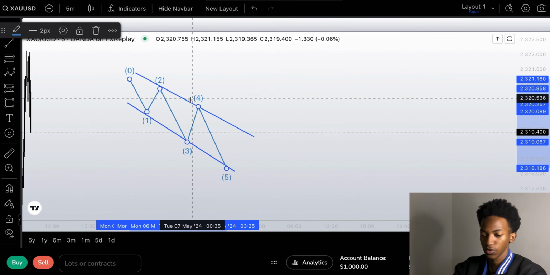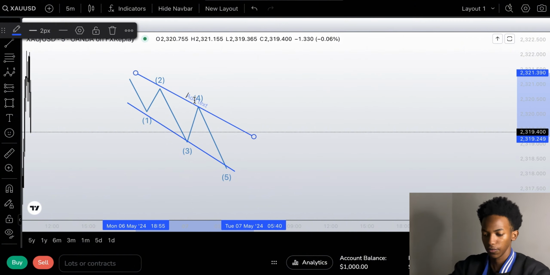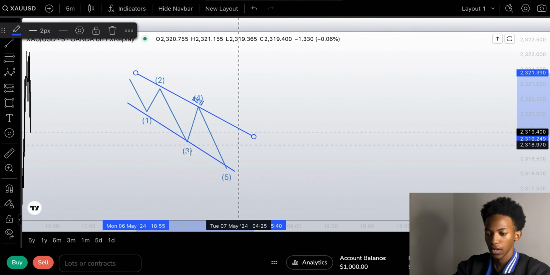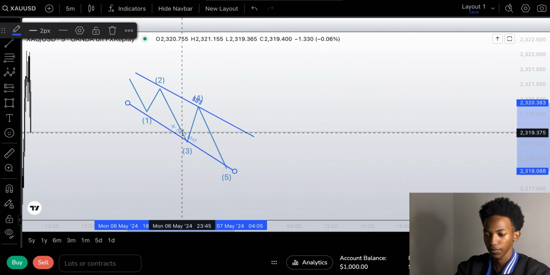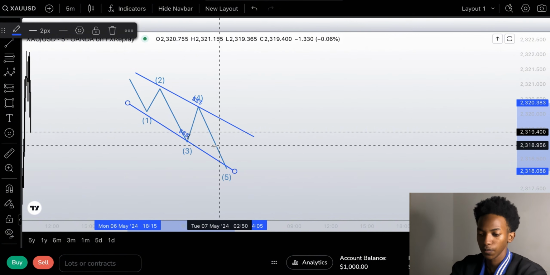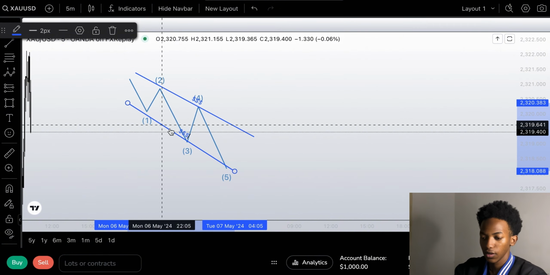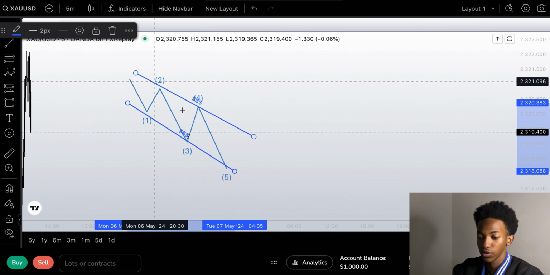So what you need to first do is mark out this area as an area of liquidity. And then you need to mark out this downside area as an area of liquidity as well. As you can see, liquidity and stop losses have been accumulated throughout this whole trend.